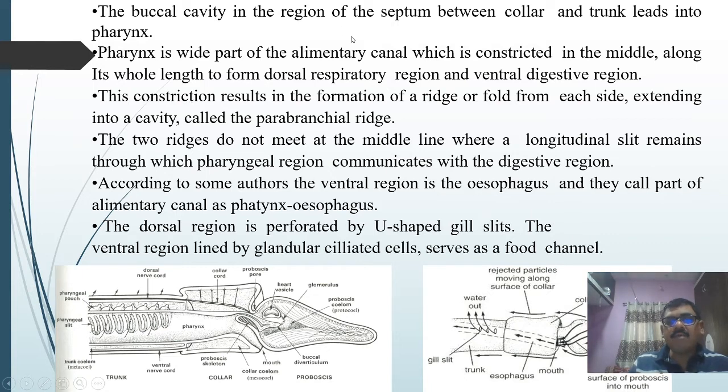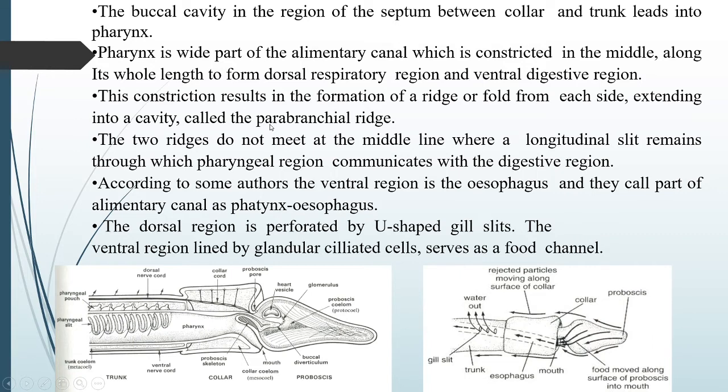The pharynx is a wide part of the alimentary canal. Why is it the pharynx? From here we can observe the gill openings, or gill slits. This constriction results in the formation of a ridge or fold from each side extending into the cavity, and this is called the parabranchial ridge.